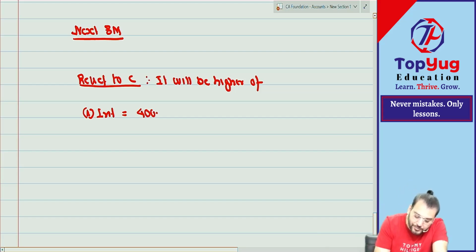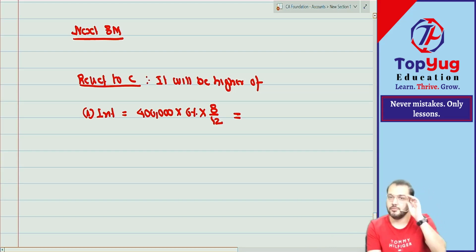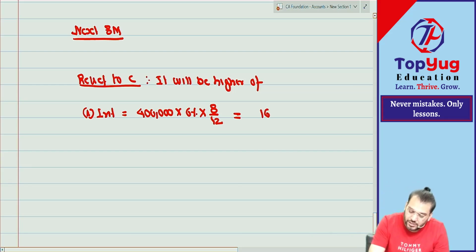Interest at what rate? For how many months? 8 months. Can you calculate? 16,000. Correct? Understood. B. He will also be entitled to what?